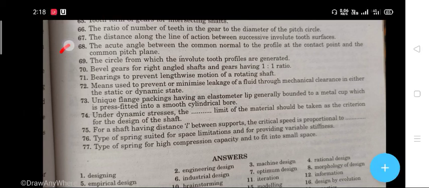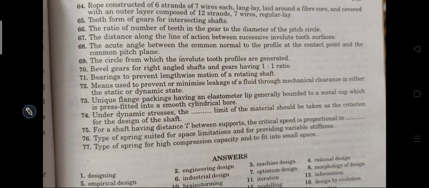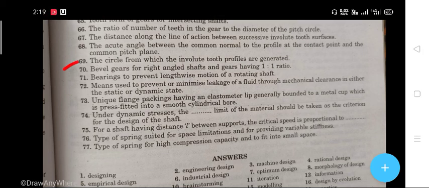Next question is 67. The distance along the line of action between successive involute tooth surfaces. The right answer is pressure angle. The next question is the circle from which the involute tooth profiles are generated.